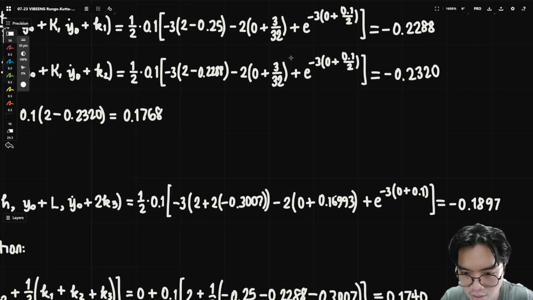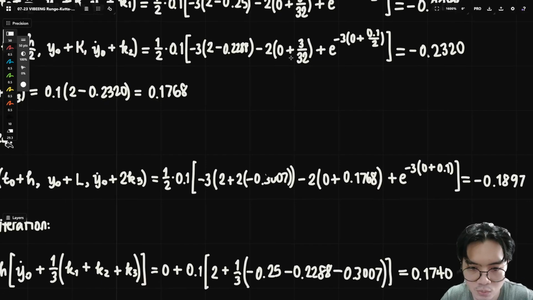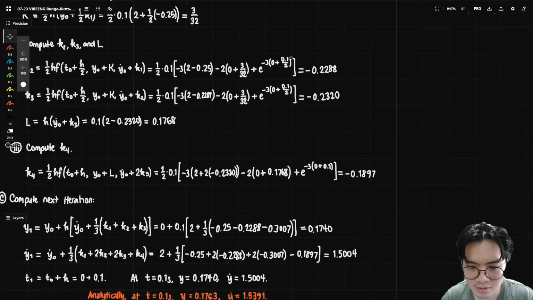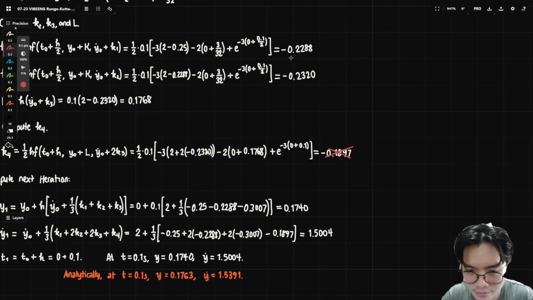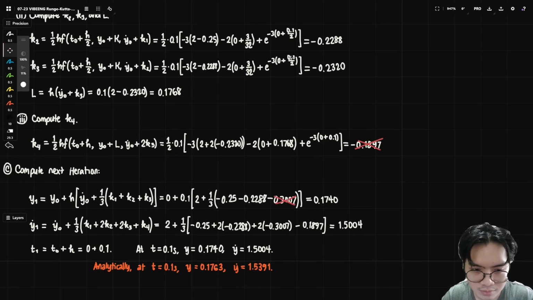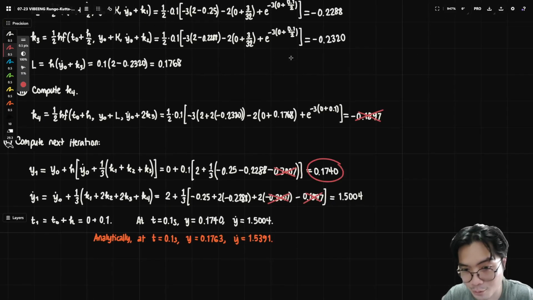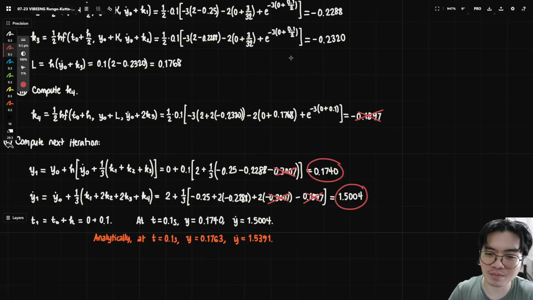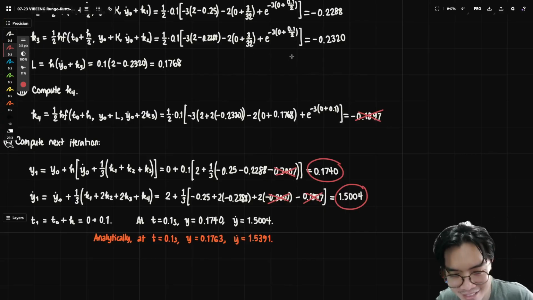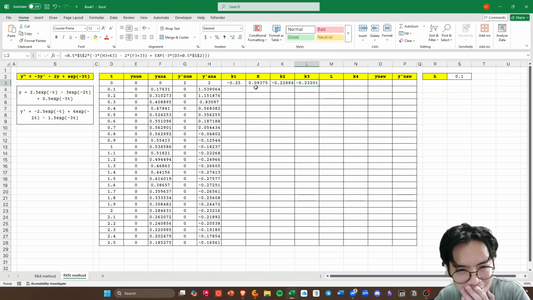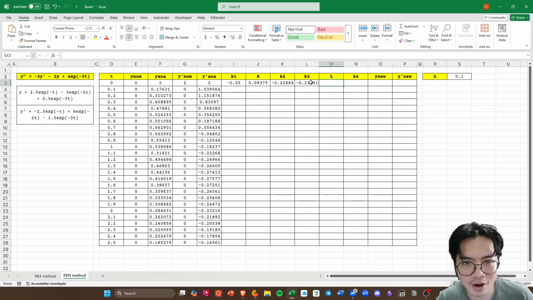So ito, gagawin natin 0.1768. This one we will do 0.2320. You guys get the gist. So kumbaga, iba na ito, iba na rin ito, and then this one. Right? So hopefully our values here will be much closer. Let's just let the Excel take care of it all.